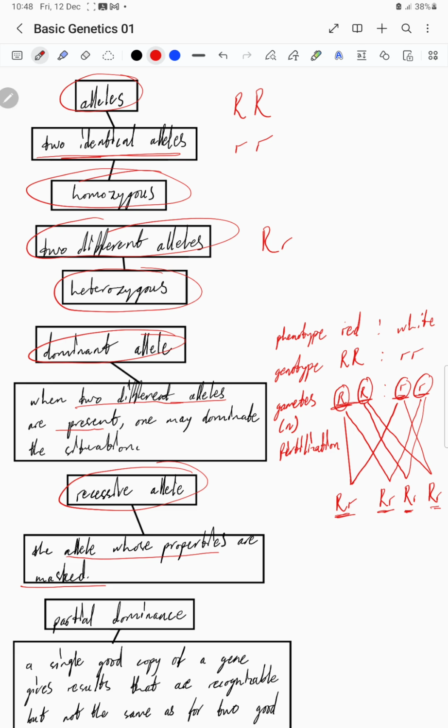So if we have an R allele representing the red color and the small letter r allele representing the recessive color, which when combined together form white, that means the capital letter R is going to dominate the recessive r. So all of this F1 generation is going to be a red flower.